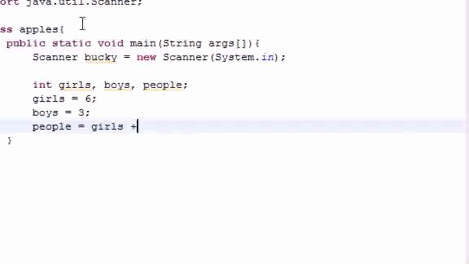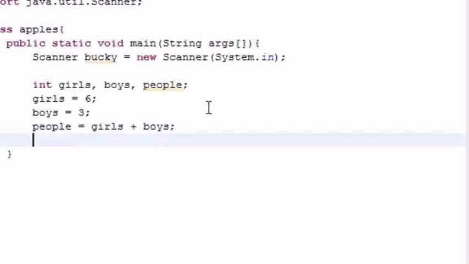Now I showed you guys how to use this math operator in the last one, the plus sign, to get a simple sum. So now the sum of girls plus boys is stored in people. So we put system.out.println, and in our parameter go ahead and put people.